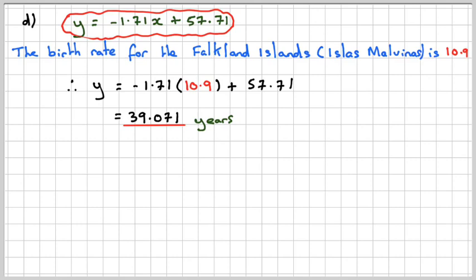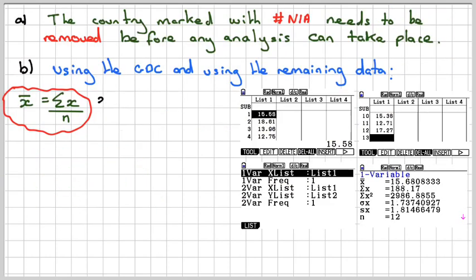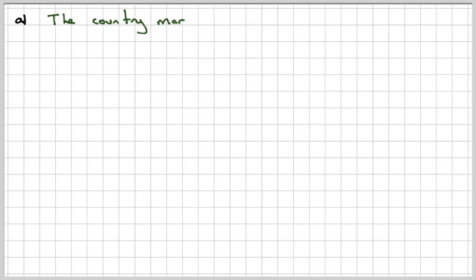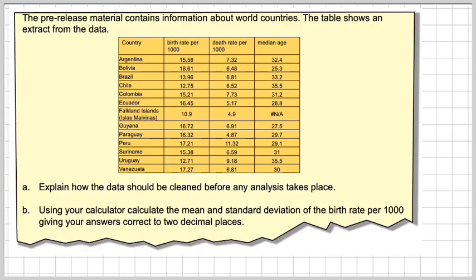Now, if you go back and look at the data for that whole table here, you'll see that 10.9 was the lowest one, and the others are much higher.